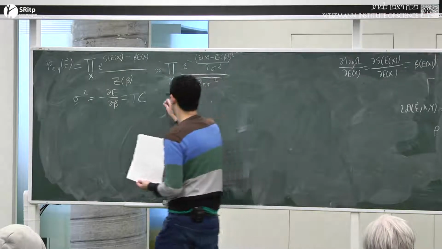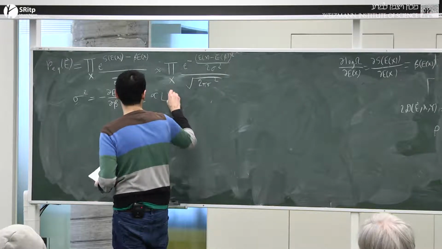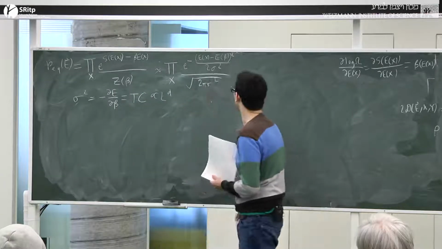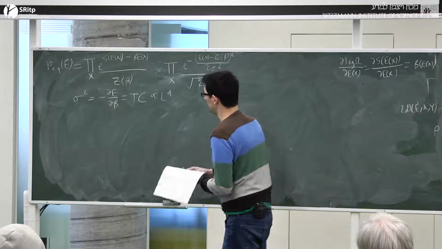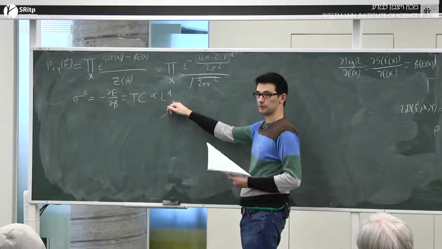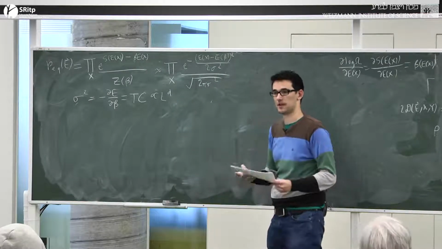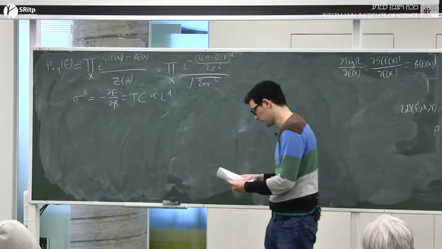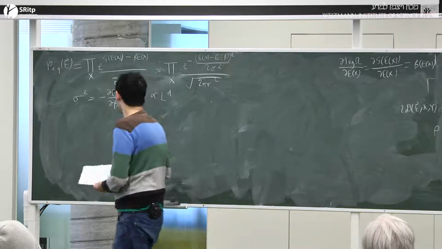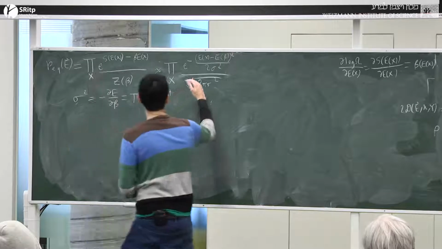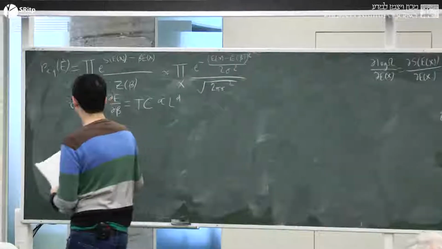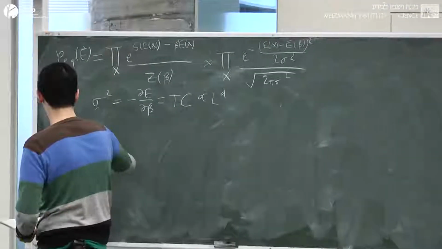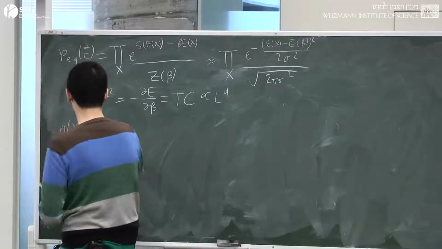And let me emphasize that this scales extensively, and what this means is that energy fluctuations in this canonical distribution will be L to the d over 2, as is well known in StatMech. Okay? All right. So with this in mind, we want to talk about fluctuations around this equilibrium distribution. So it will be useful to define a normalized energy, eta of x.